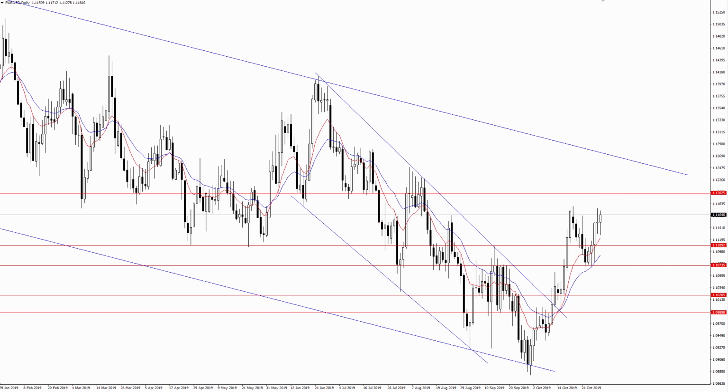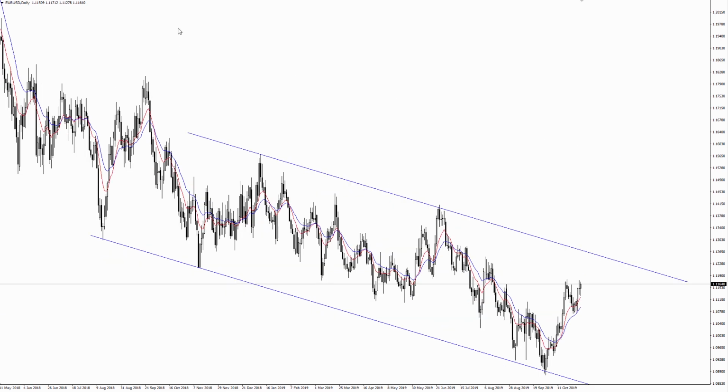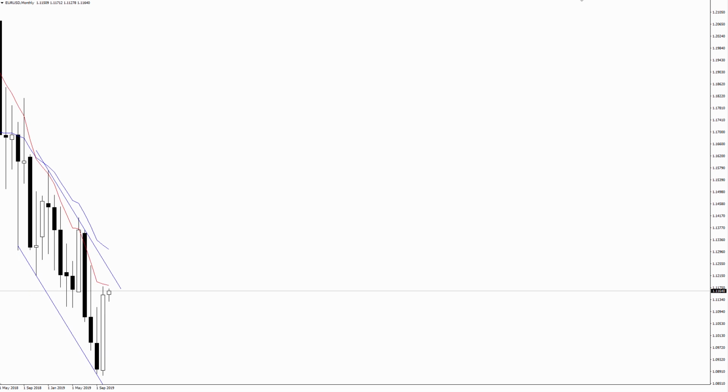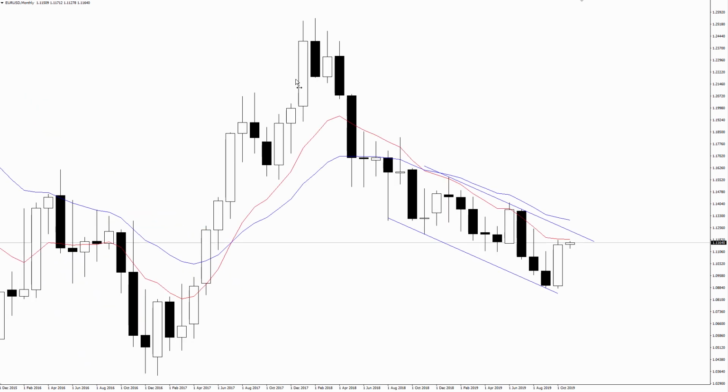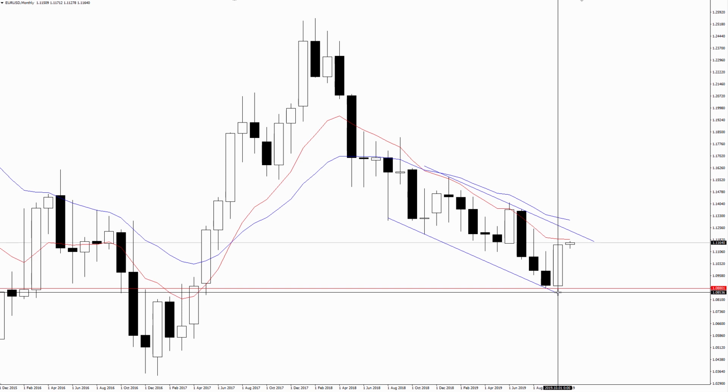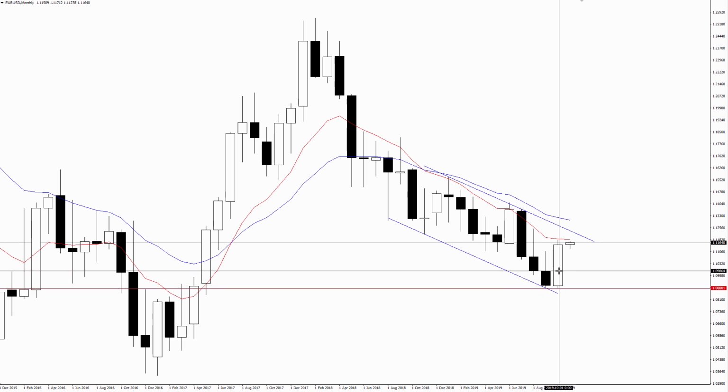However, one thing to keep an eye on is what occurred last month in October on the EURUSD monthly time frame. Notice that if I move out to the monthly, we can see that the October range did engulf September's. So the low of October is actually a few pips lower. This low right here is a few pips lower than this one.